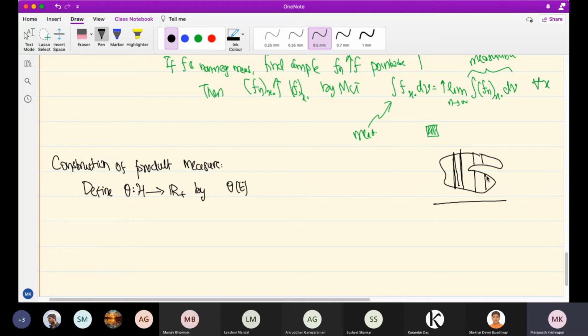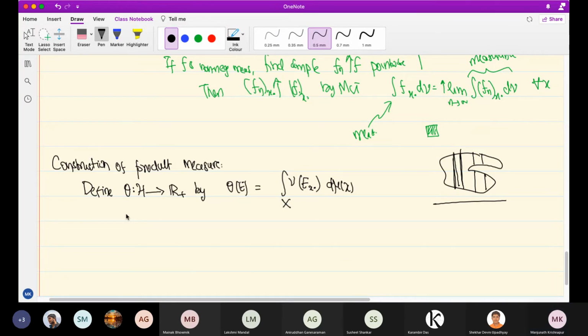I take the length and then integrate it over. So for each vertical section, we calculate the measure nu of E_x, and then I integrate it over the x part with respect to the measure on the x variable.